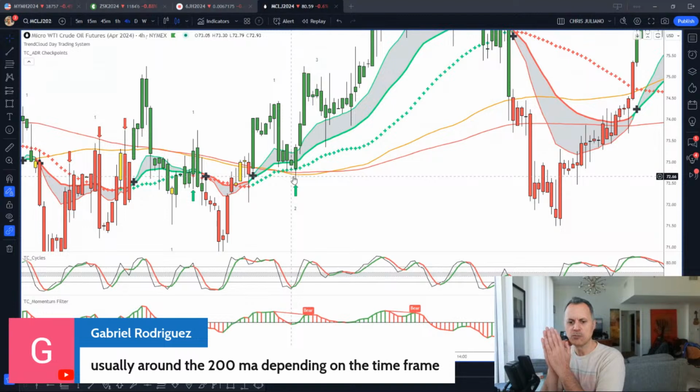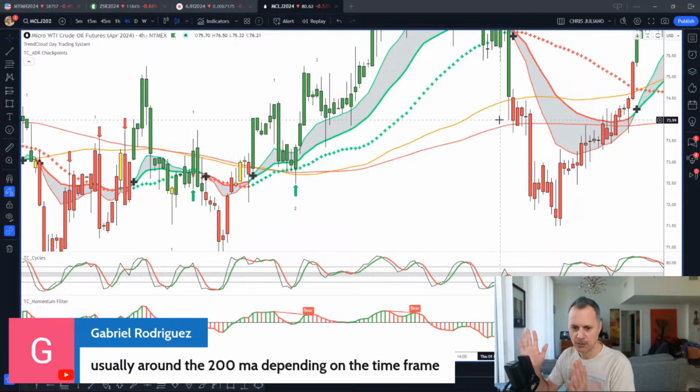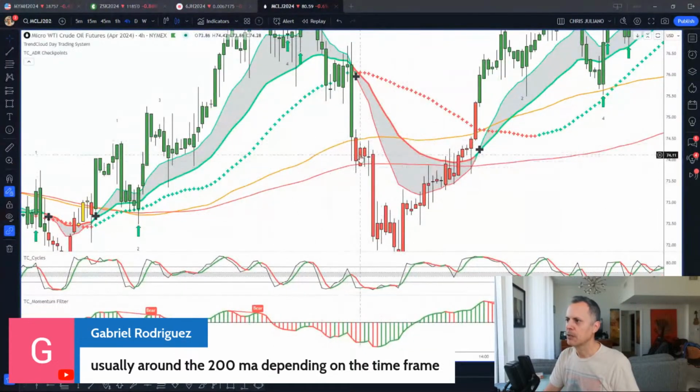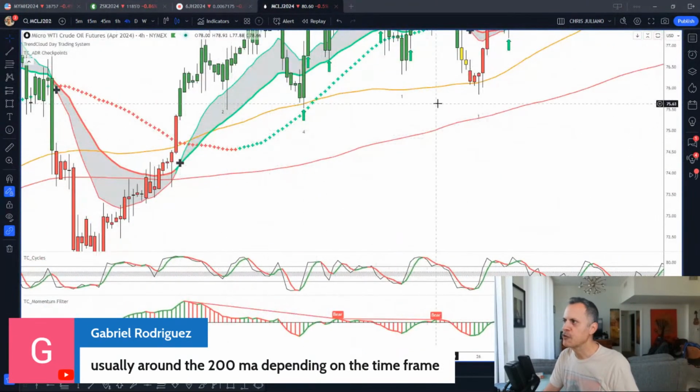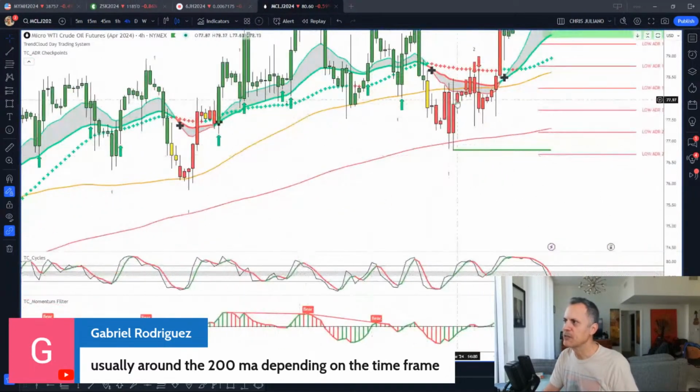When those moving averages start to compress and they're very close together, that usually means, hey, get ready, because there's going to be expansion, right? Because that's how these moving averages work. You get contraction, expansion, a little contraction, expansion, contraction, expansion.